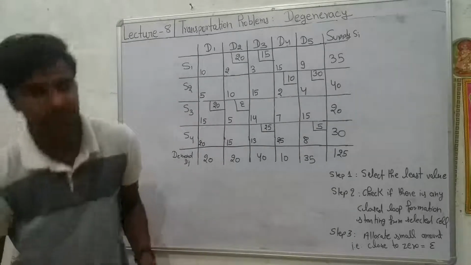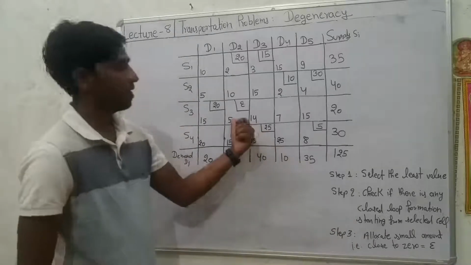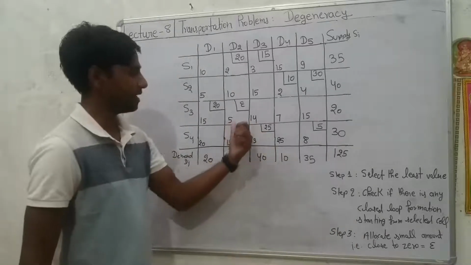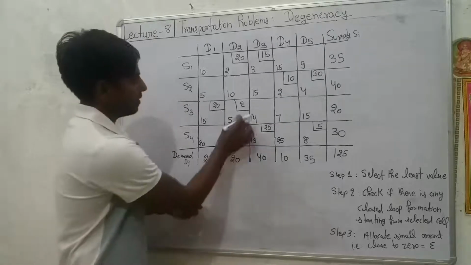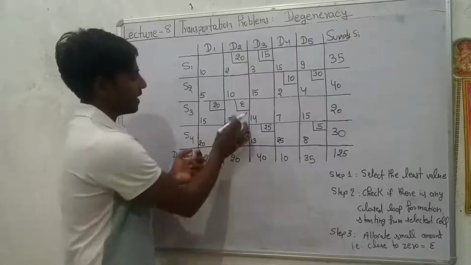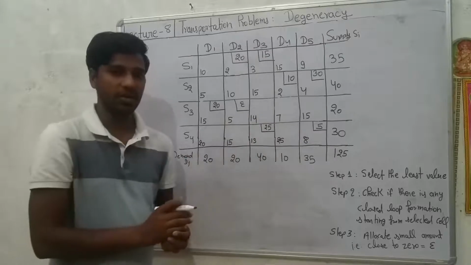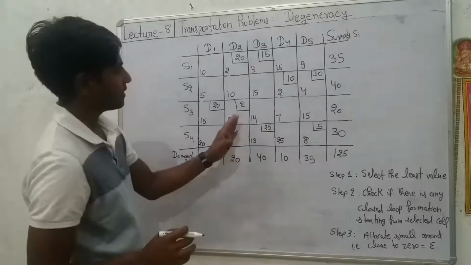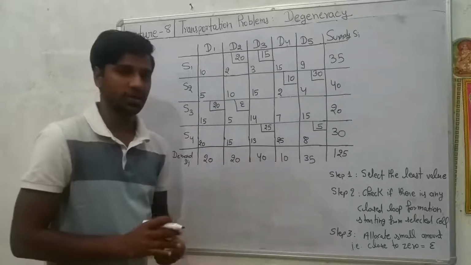Take another case. What if this cell is not independent? Then what do we have to do? It means we can trace a closed loop starting from this point. It is possible to formulate a closed loop starting from this particular point.